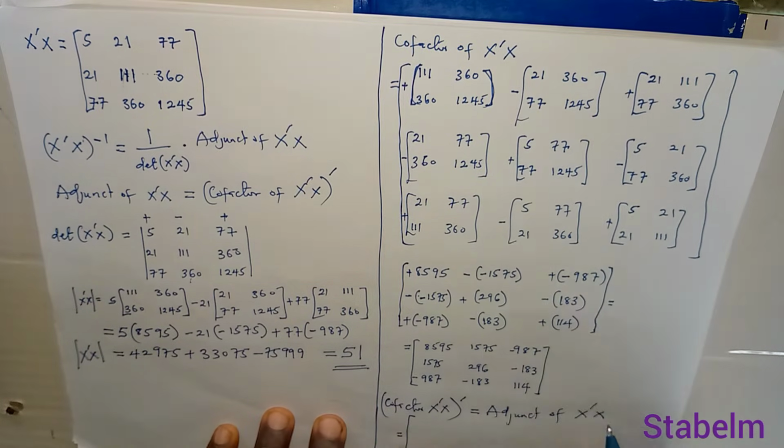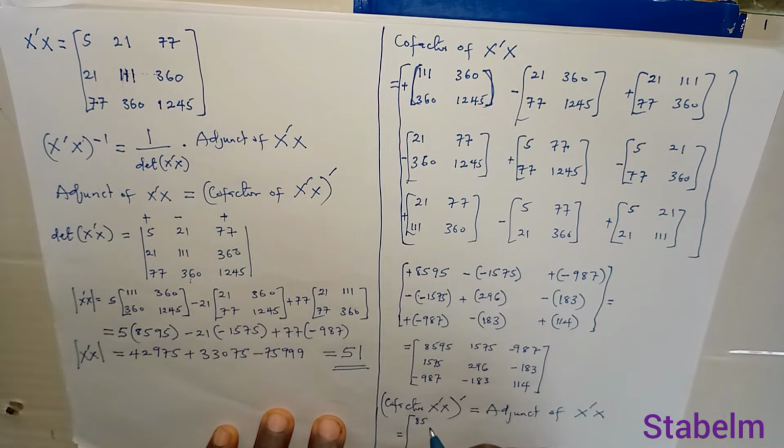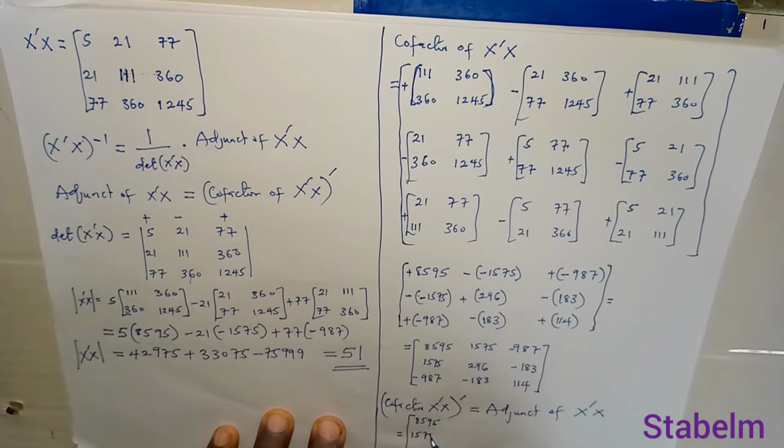So in this case now we're going to have this, this is equal to, the row becomes the column: 8595, 1575, minus 987.